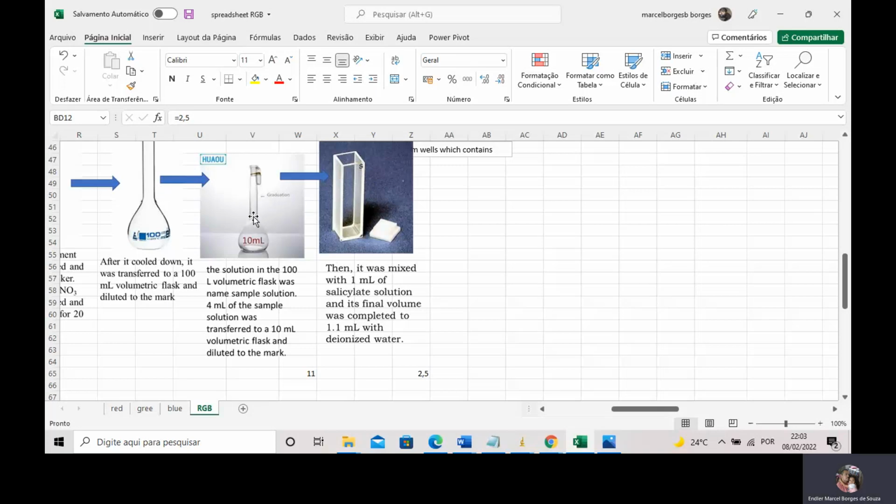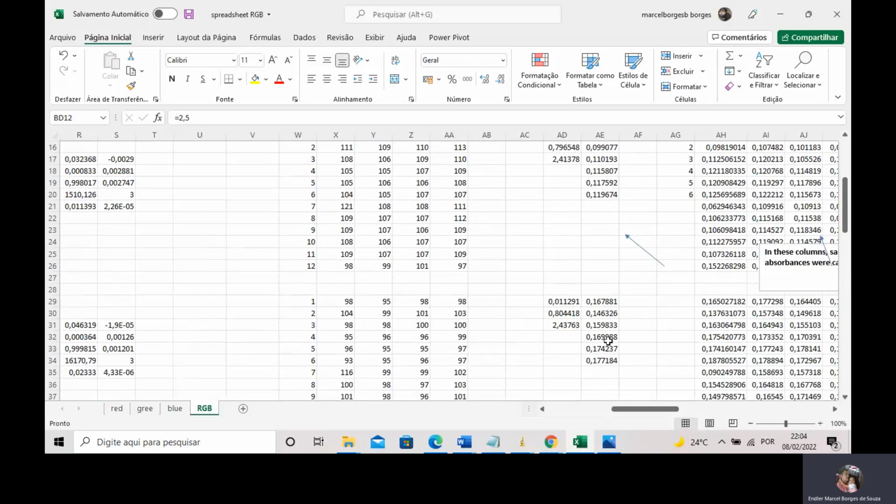And I have diluted this sample 10 times, because I placed 1 milliliter of the solution in here and diluted it to 10 milliliters.